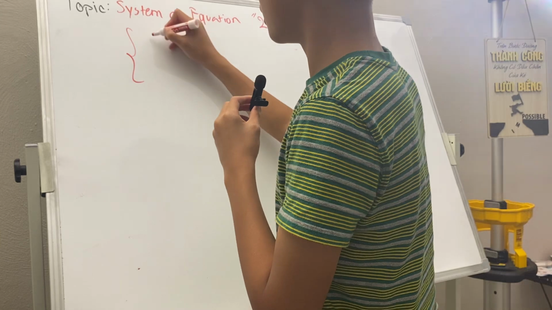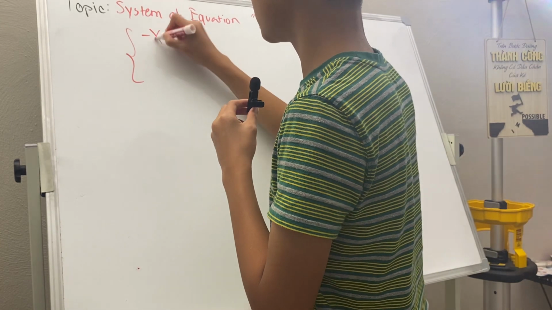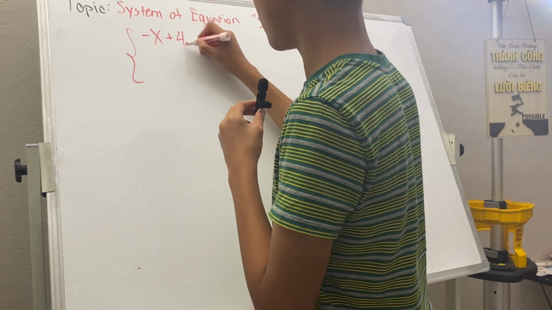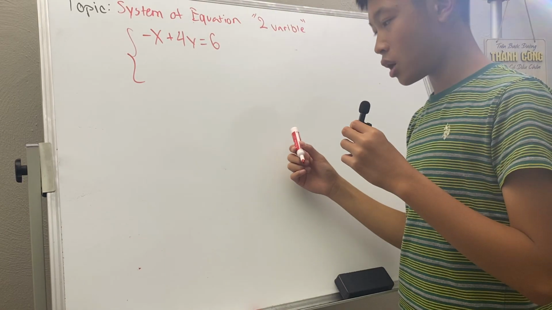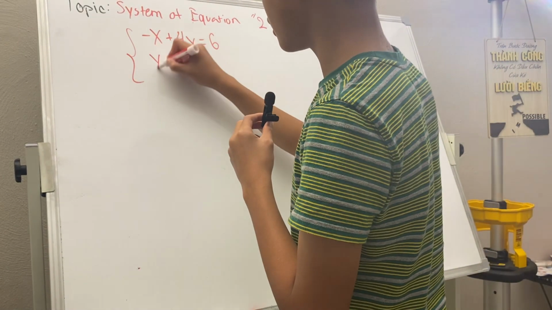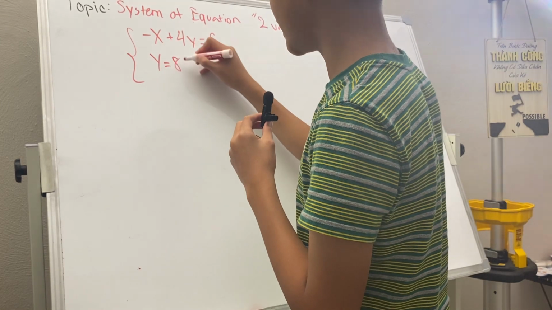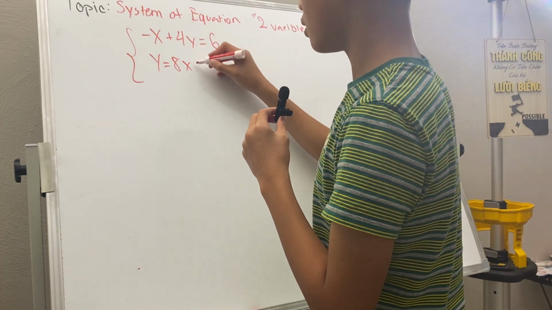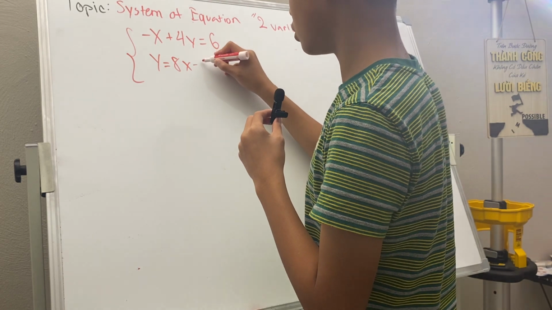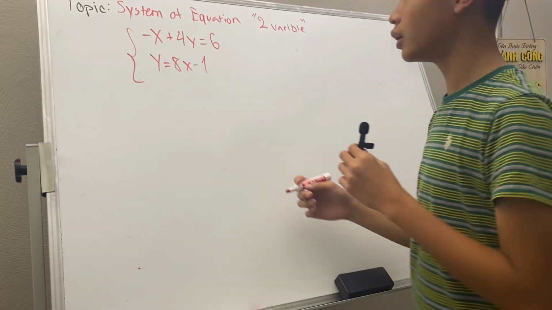Hold up. Let's say negative x plus 4y equals 6, and y equals 8x minus 1. Okay?